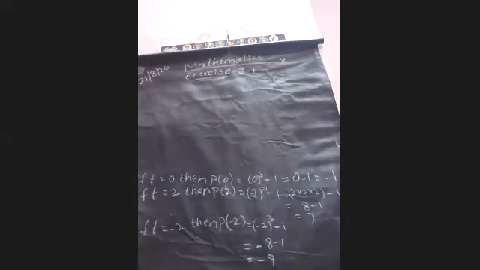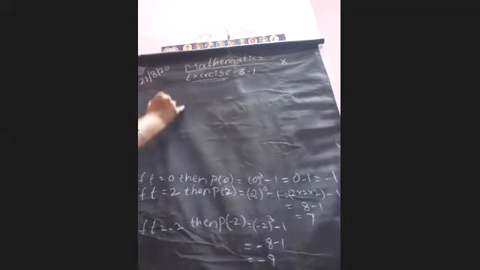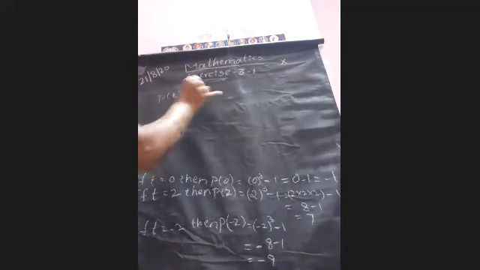Zero of the polynomial means we want P of k equal to 0.